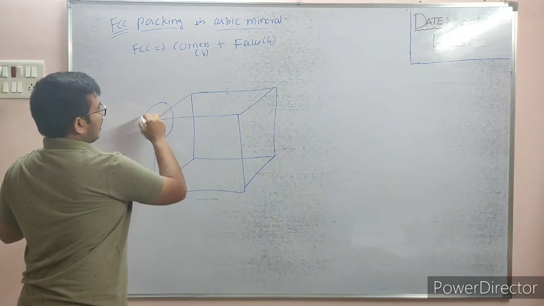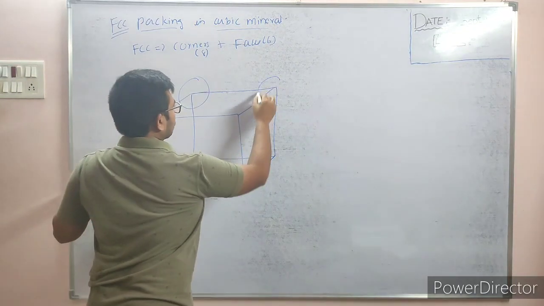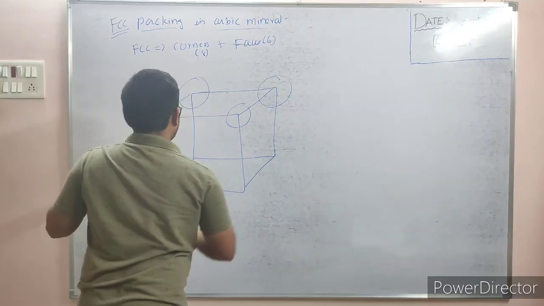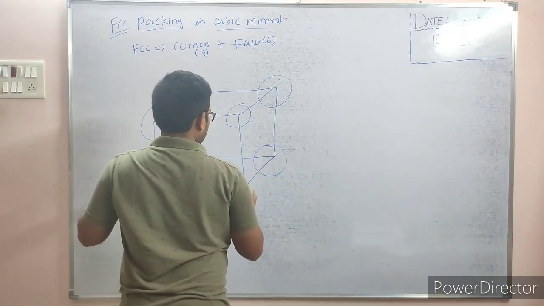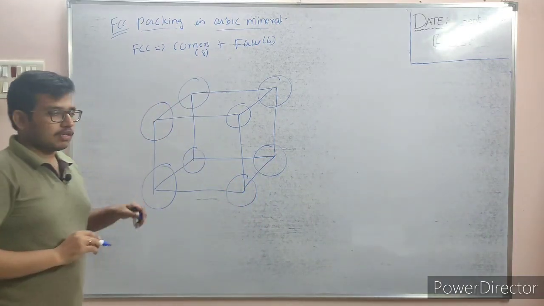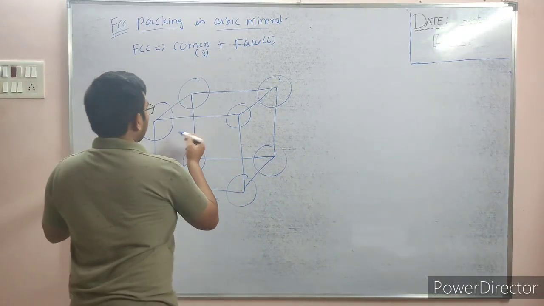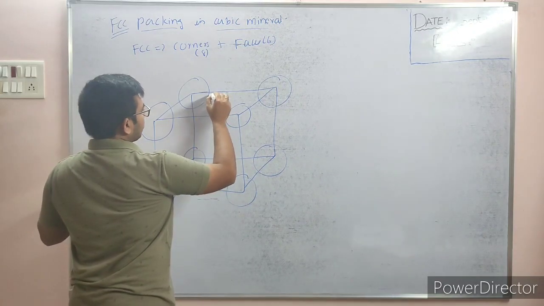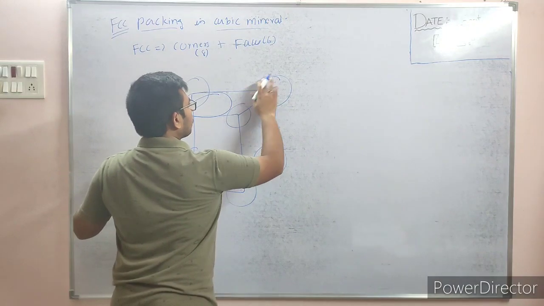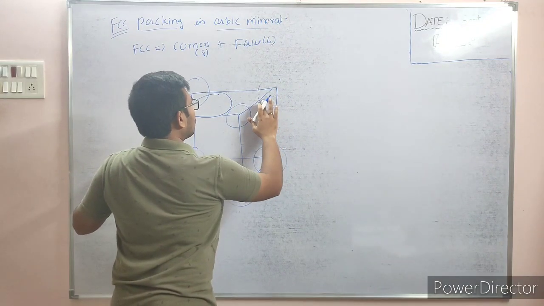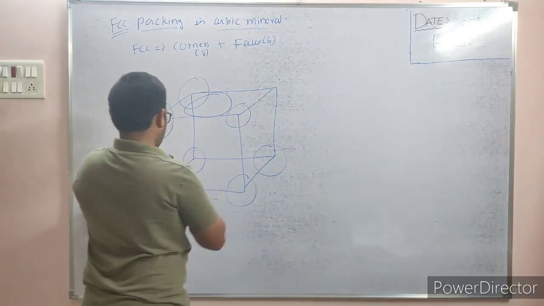Suppose this is an atom. Now at each face one atom is present, like this, and the atom will be a little bigger in size.